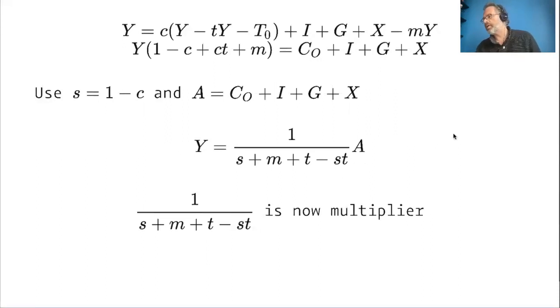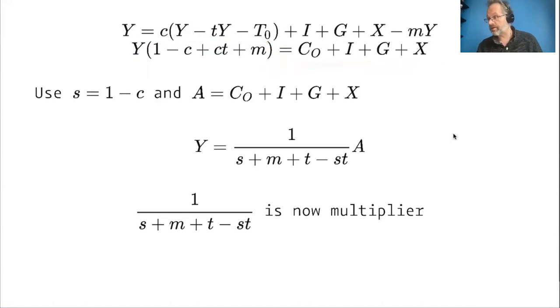We're going to combine all our Y terms again. First, consumption is a function of income, and we've got to subtract taxes to get our actual consumption, and then we've also got to subtract imports since imports are a subtraction from demand. So now we combine all our Y terms over here, and this stuff is our autonomous spending.